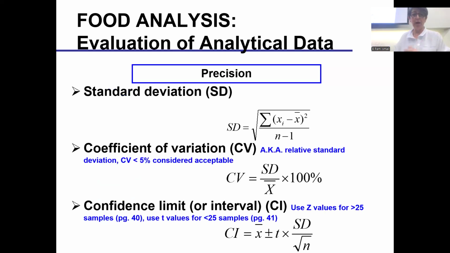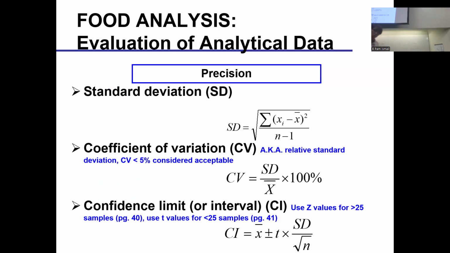Before I go there, in order to determine this plus or minus, you need either a t value or a z value, which you usually get from a table. And then the standard deviation over the square root of the replication n is known as the standard error.